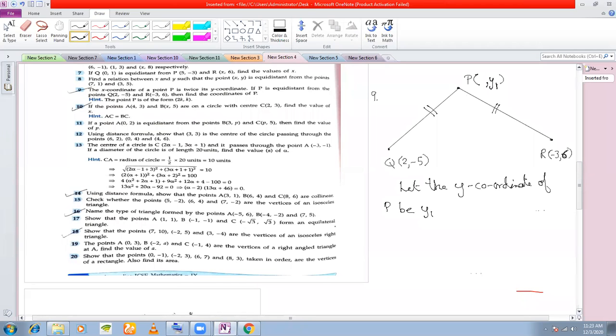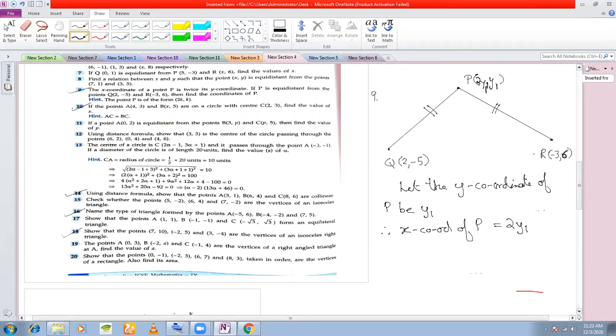Let us take the y coordinate as y1. Therefore, what is the x coordinate of P? The x coordinate of P is twice the y coordinate, twice of y1. That means the x coordinate is 2y1. So the coordinates of this point are 2y1 comma y1.